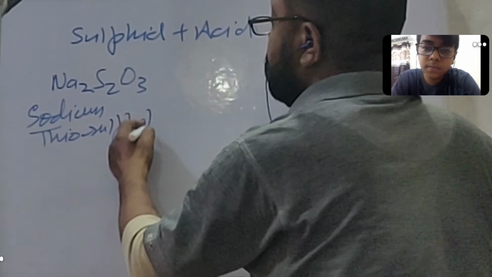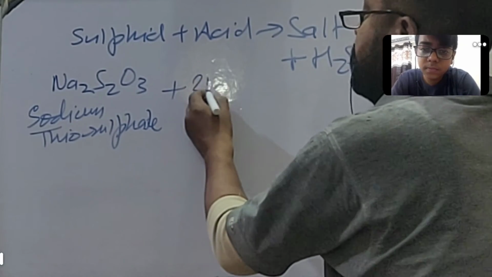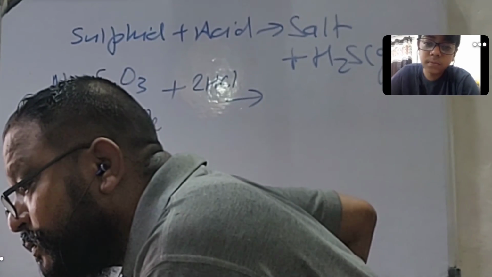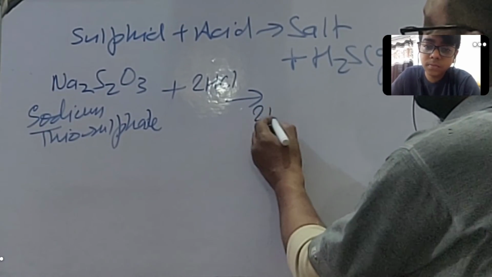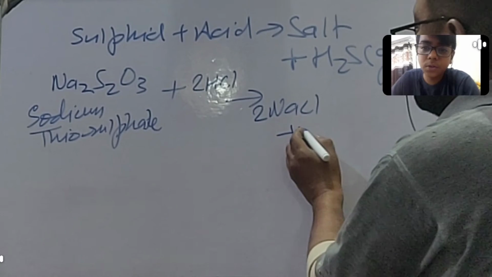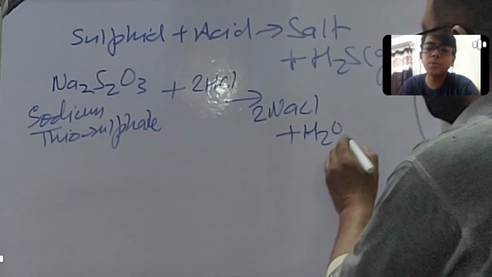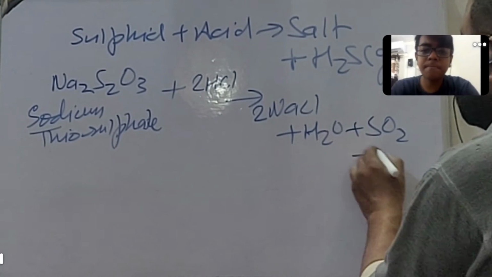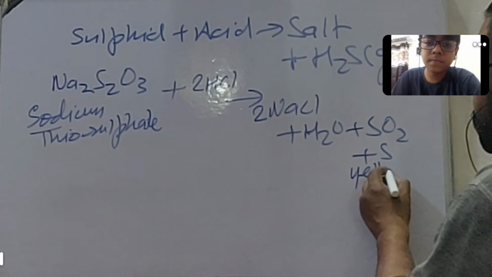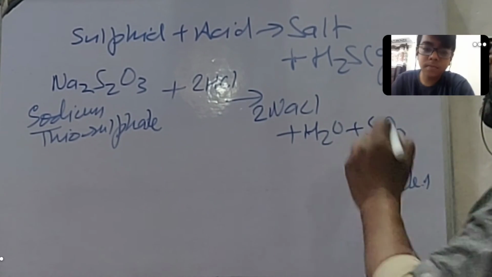It reacts with HCl: 2HCl gives you 2NaCl plus SO2 plus H2O, and S also. That is sulfur, so you get yellow particles of it. Any other reaction you have?